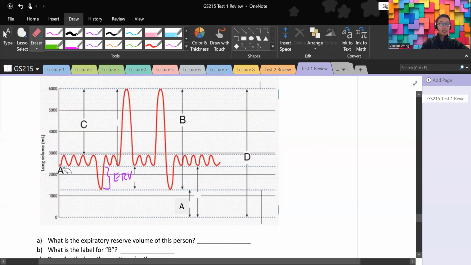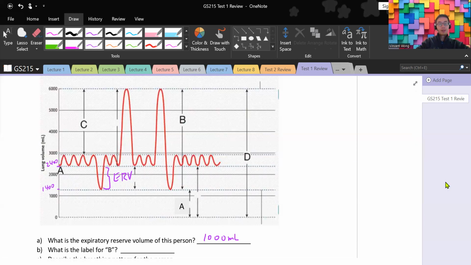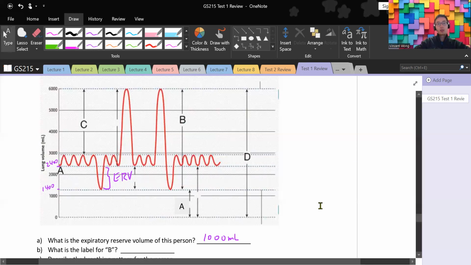And so if we try to calculate how much this is, we'll say this is about 2,400-ish. This would be about 1,400-ish. And then we subtract them, let's say about 1,000 milliliters. The graph on the test would be much clearer. There's a bit of approximation here, but the one on the test will be very clear.